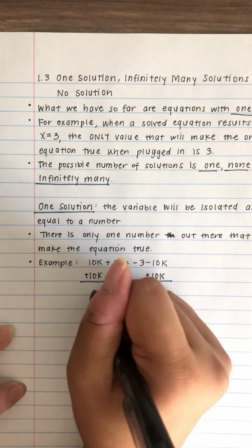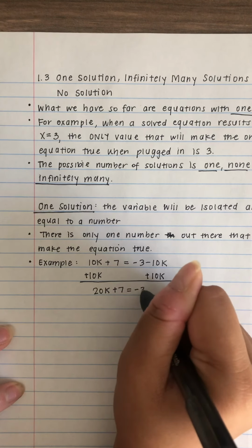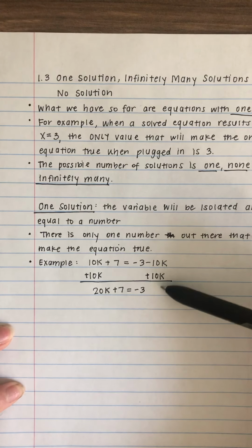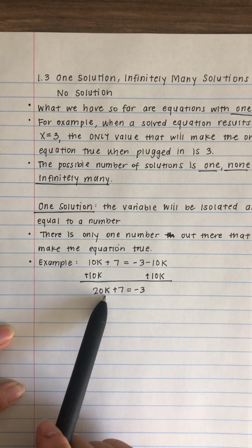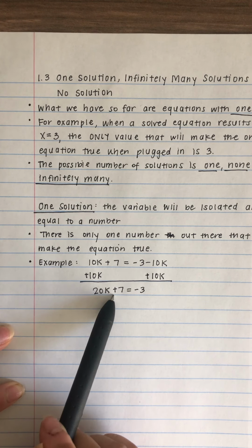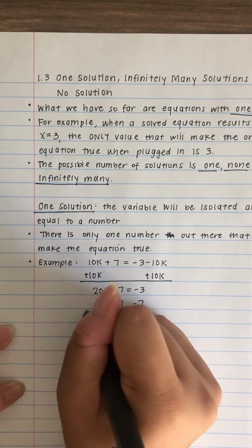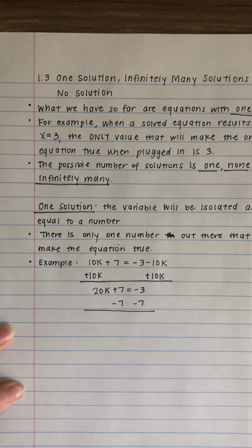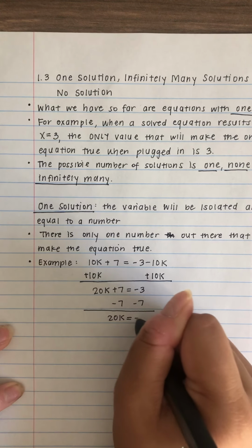That's going to leave me with 20k plus 7 equals -3. To get this 20k by itself, I will undo this positive 7 by subtracting 7 from both sides. That's going to leave me with 20k equals -10.